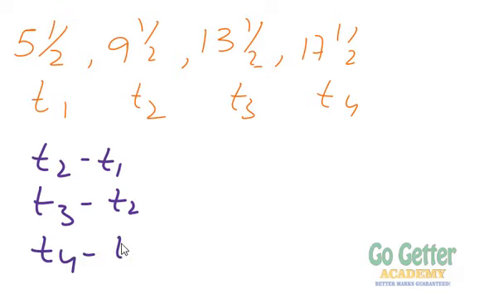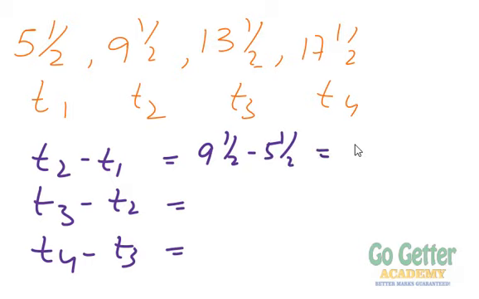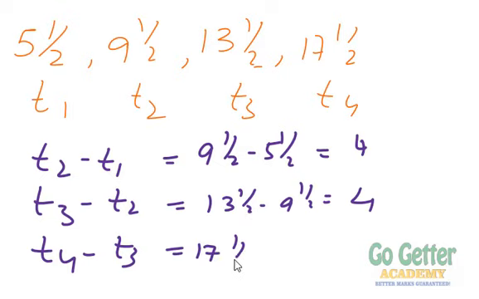T2 minus T1 is 9.5 minus 5.5, which is equal to 4. T3 minus T2 is 13.5 minus 9.5, you get 4 again. T4 minus T3 is 17.5 minus 13.5, you get 4 again. So since there is a common difference, the common difference is 4.